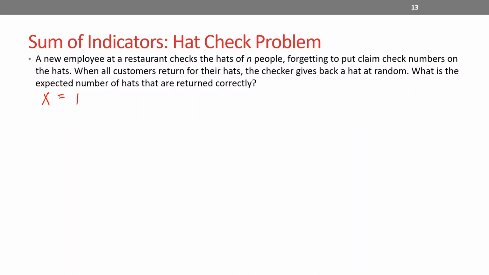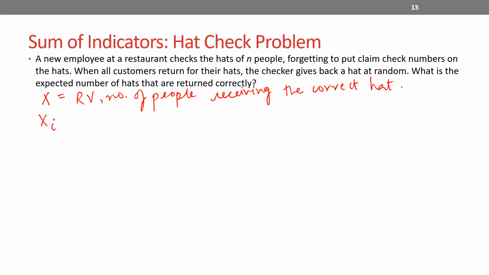X is the random variable that represents the number of people receiving the correct hat. And if you think about what's happening, X_i is the random variable for whether the ith person receives the correct hat or not. So the first person received the correct hat or not, the second one received or not, the third, and so on.